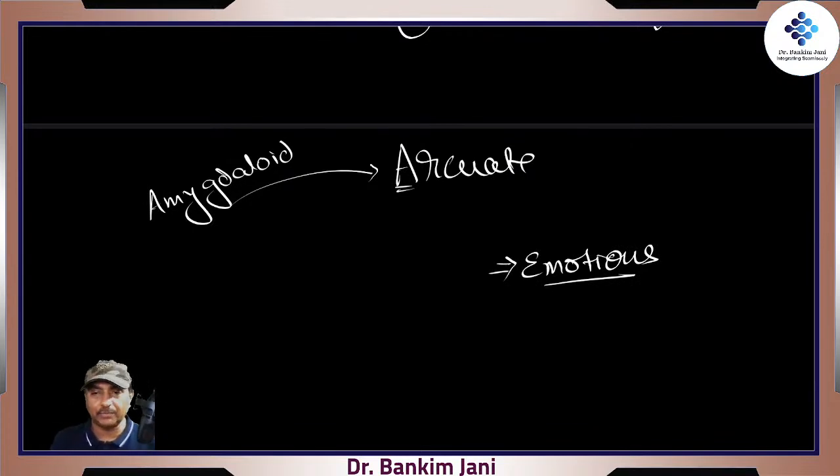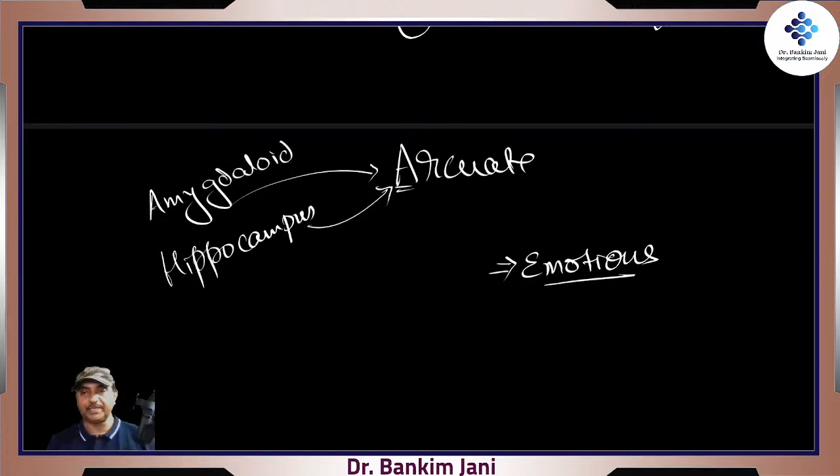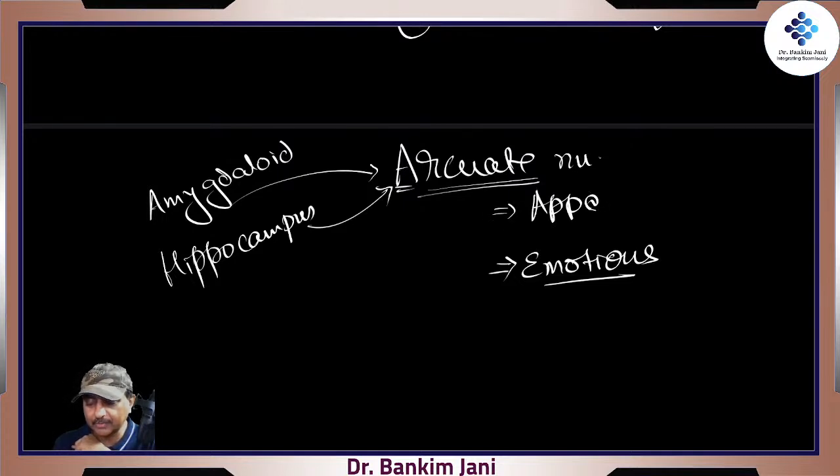If it is amygdaloid, which was another important center, and the hippocampus, that is associated. It will also be feeding to arcuate. So this would be associated with emotions. Now you must have heard about emotional eating, right? People go for emotional eating. It is this arcuate nucleus which is handling your appetite. This would be related to your adipose tissue.